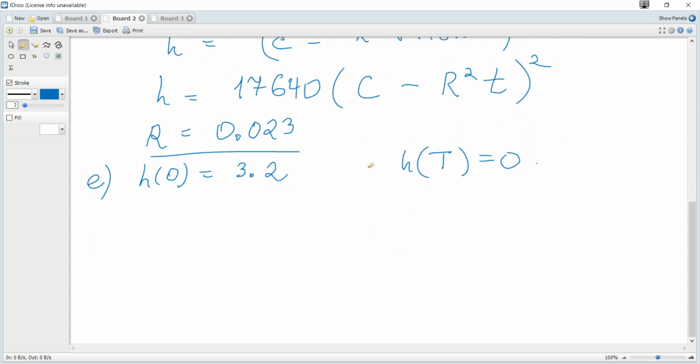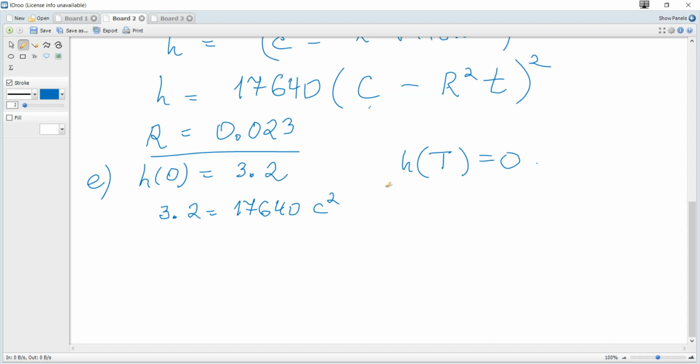So this is given, but we should find the value of C first. So h of 0 is 3.2, so 3.2 is equal to this, C minus 0 squared. So C becomes what?